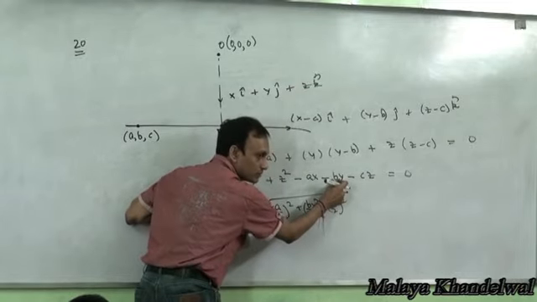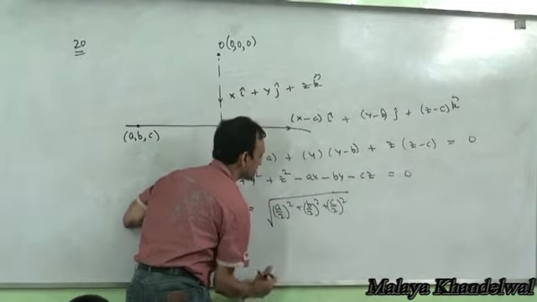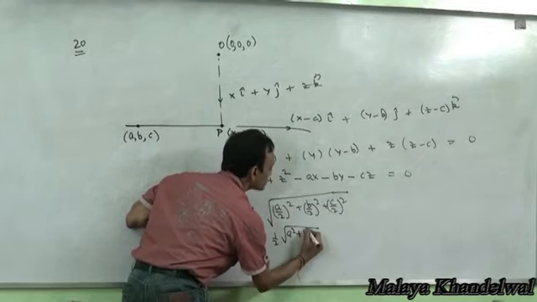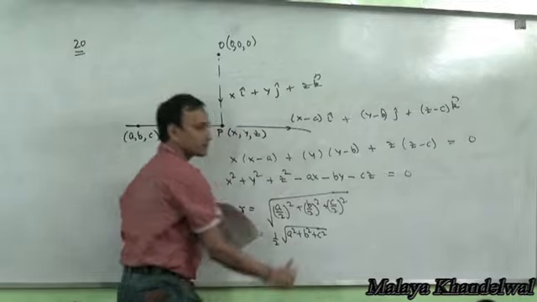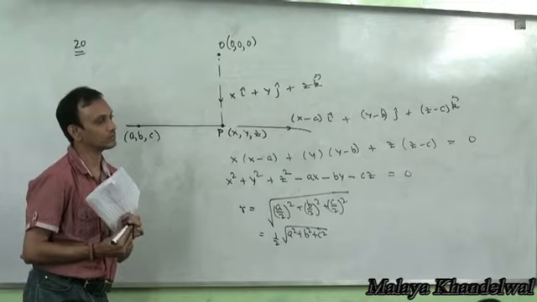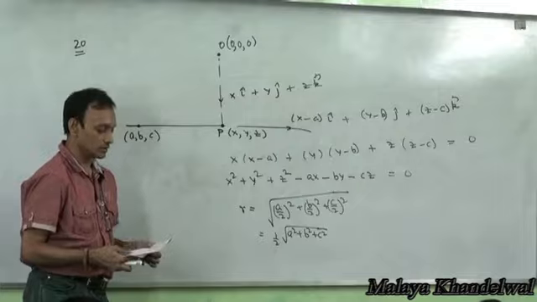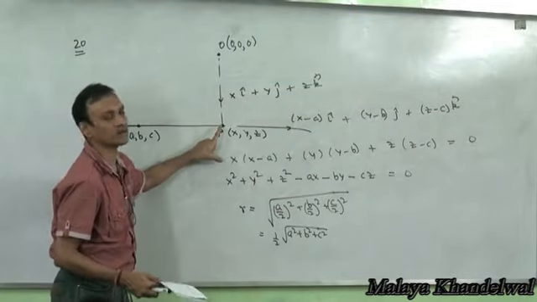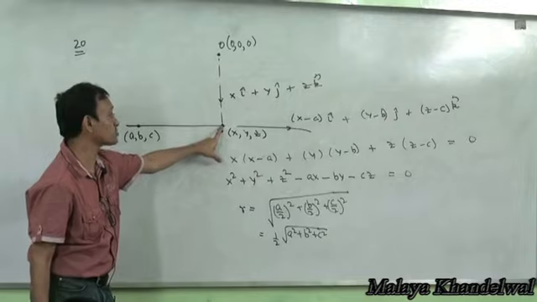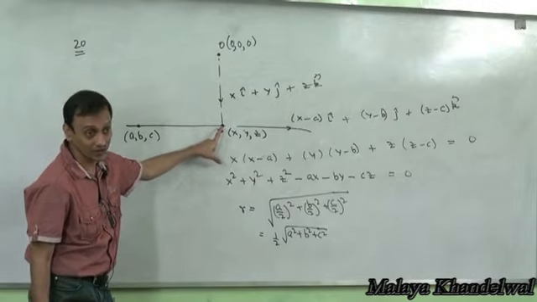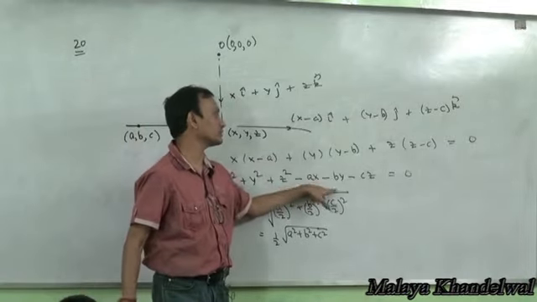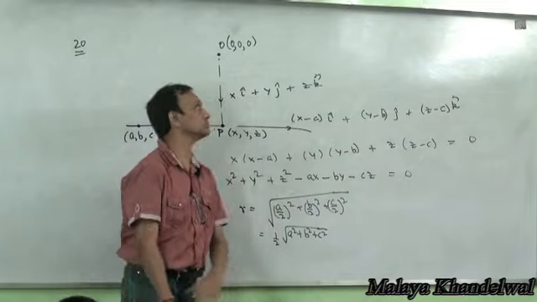Half of the coefficient of x, y and z, etc. is half of root a squared plus b squared plus c squared. That's the radius of the sphere on which this point x, y, z lies. So this path traced by P is going to be a sphere whose radius is this, and whose center is going to be a by 2, b by 2 and c by 2.